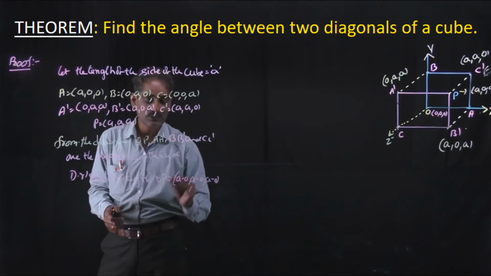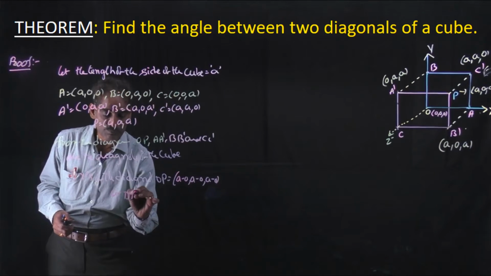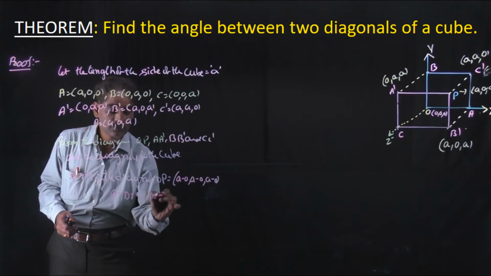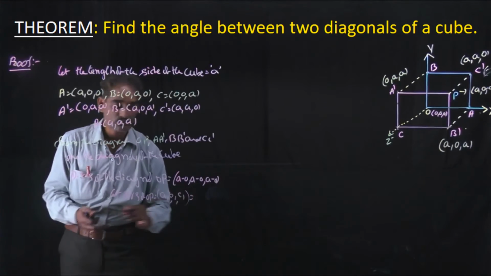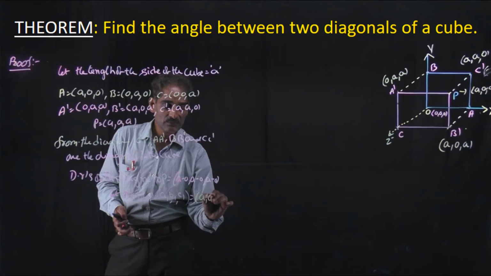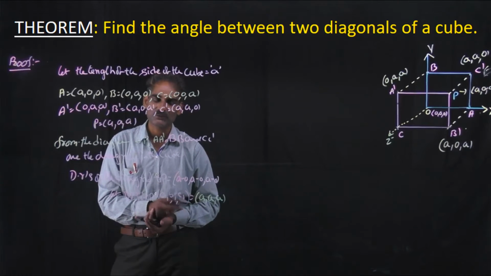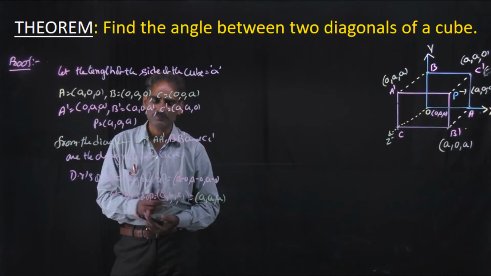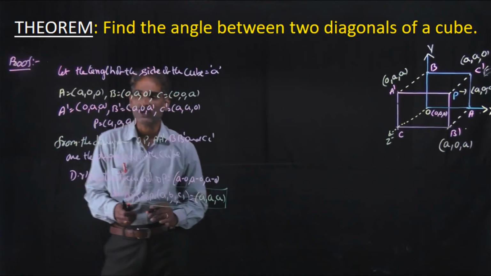Let the DRs of OP be A1, B1, C1, which equal a, a, a. So we can write 1, 1, 1 also as DRs of the line. We can take a common, no problem. So okay, leave it. These are the DRs of one diagonal.